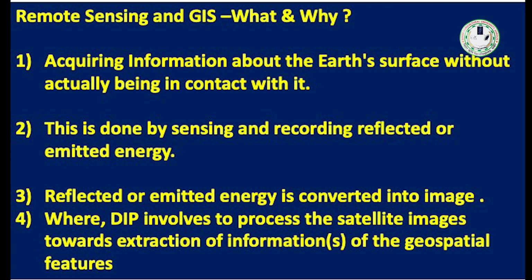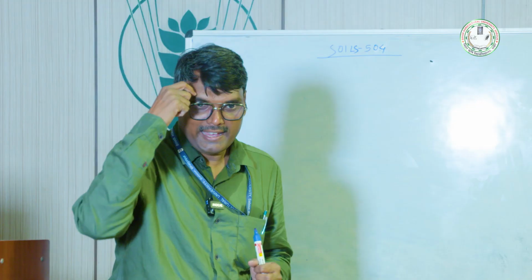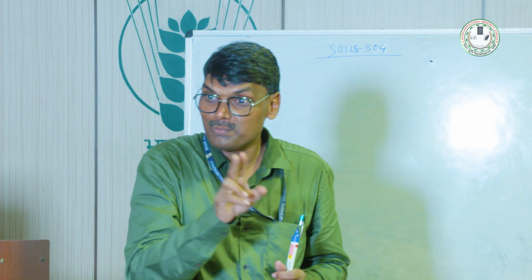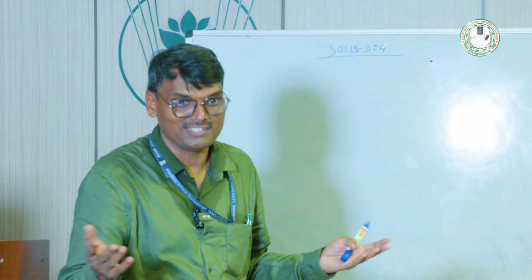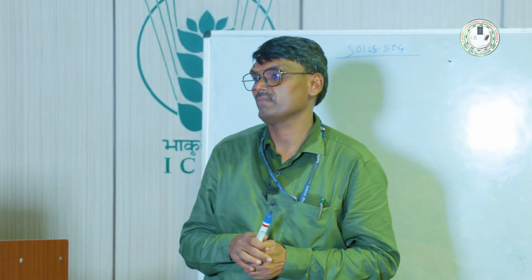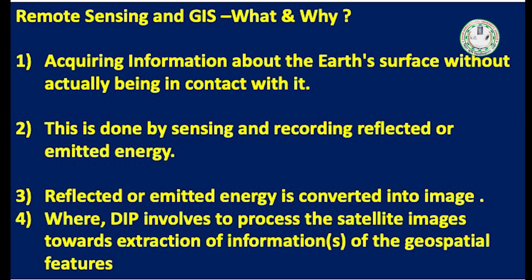Digital image processing helps to capture the geospatial features by using satellite images based on tone, texture, shape, size, association and shadow. These are the visual interpretation keys, as well as some algorithms applied to process the image or images. Third, reflected or emitted energy is converted to image.